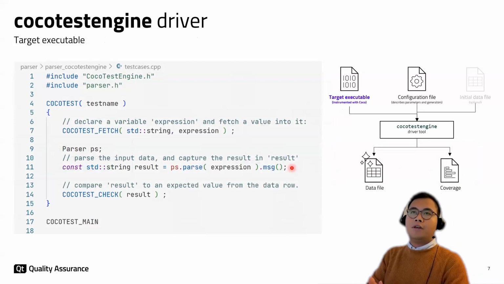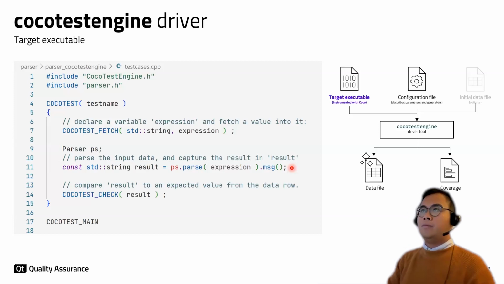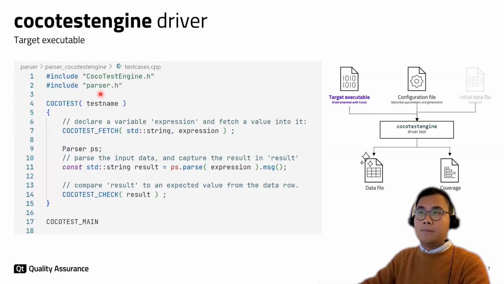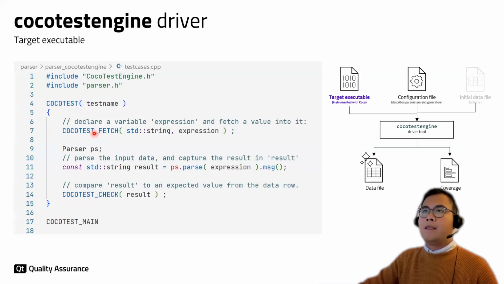So let's first look at the target executable, and how the user will be able to write it. It is a simple C++ file that performs the logic of the test. We have some macros that are part of the Coco Test Engine framework, prefixed by CocoTest. This macro, for example, declares a new part of the test logic and calls it the test name.